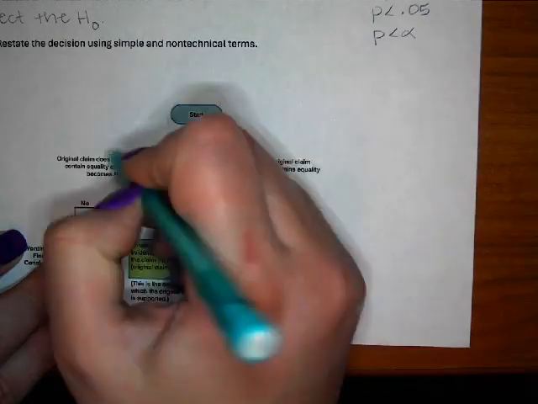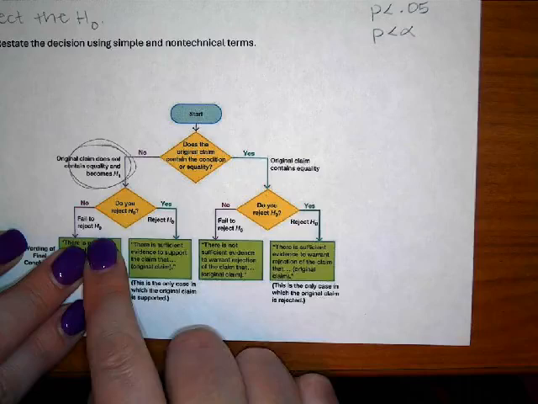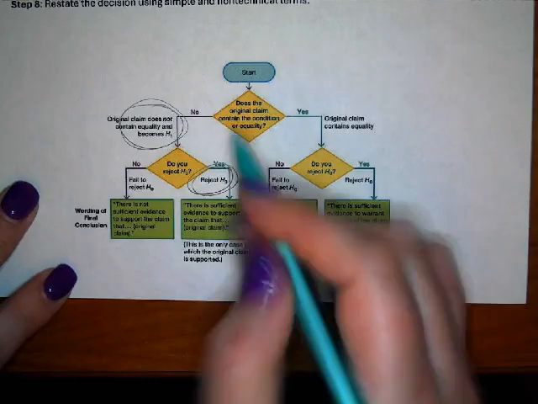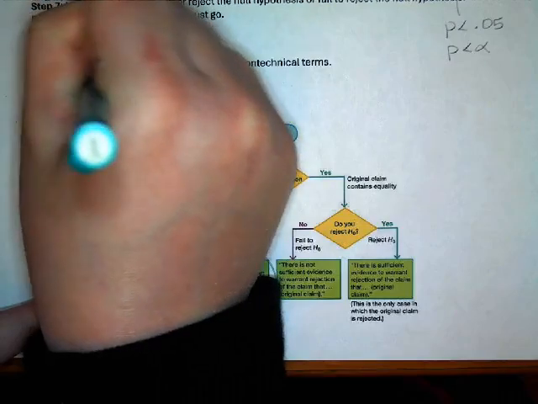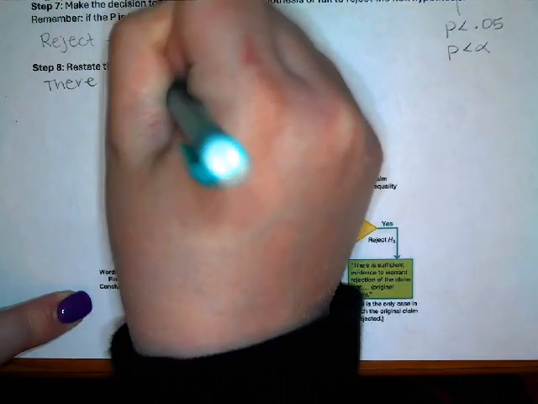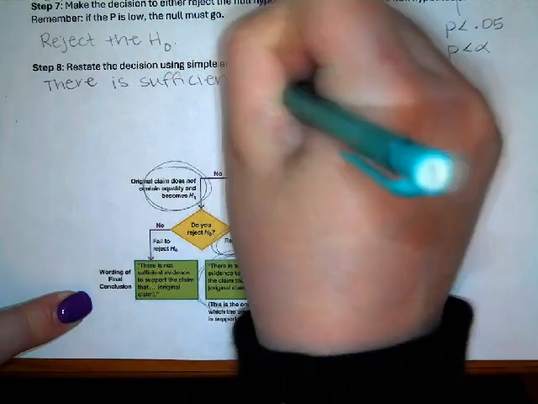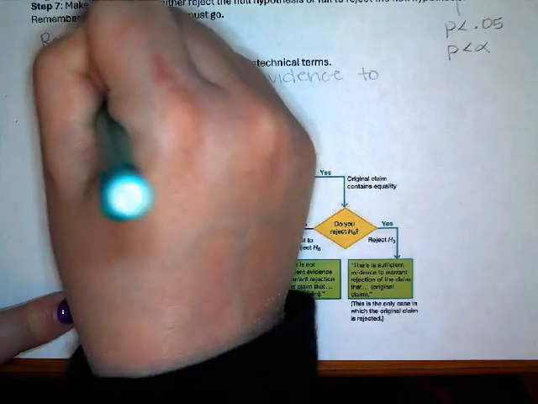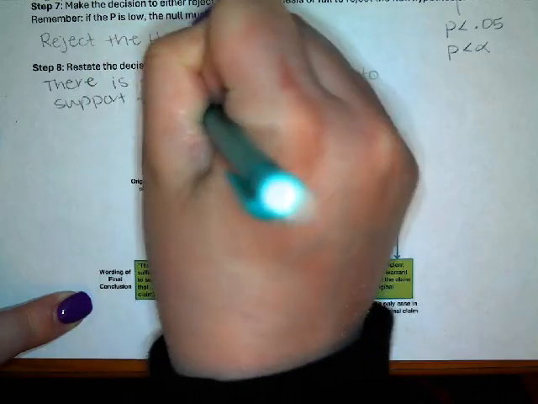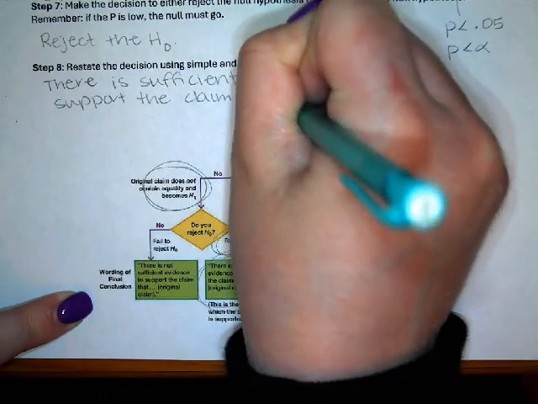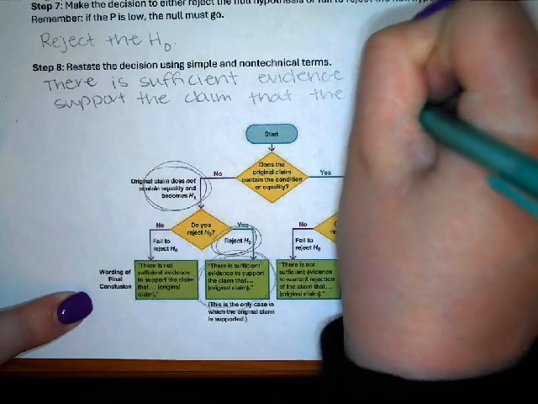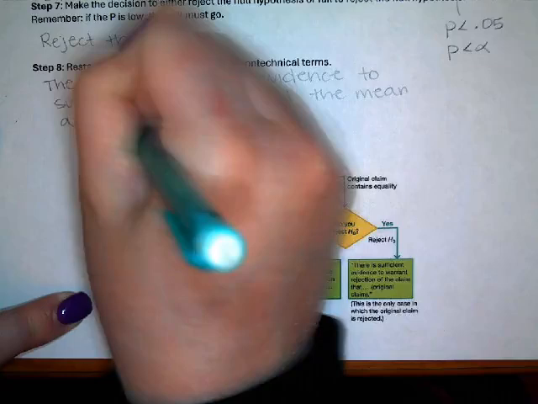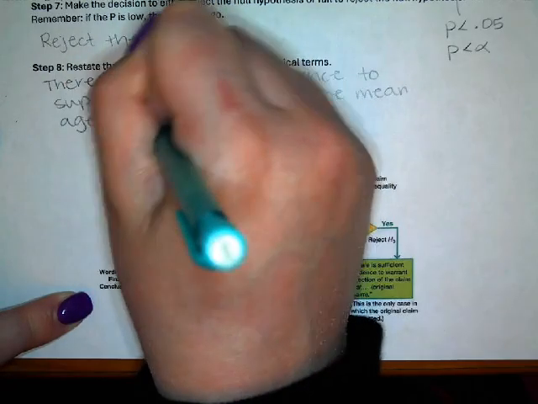And so we're going to write our sentence saying there is sufficient evidence to support the claim that the mean age of all race car drivers is greater than 30 years.